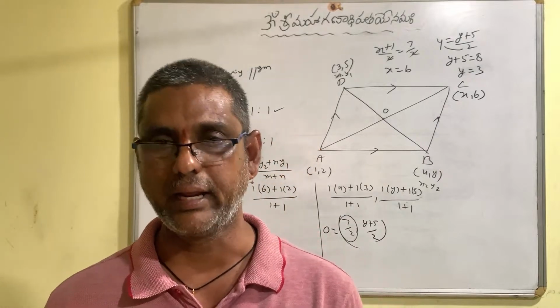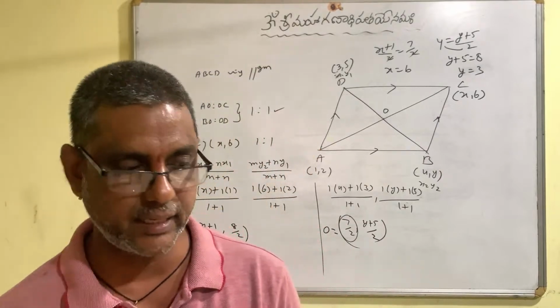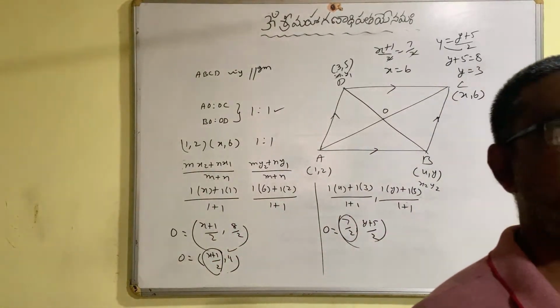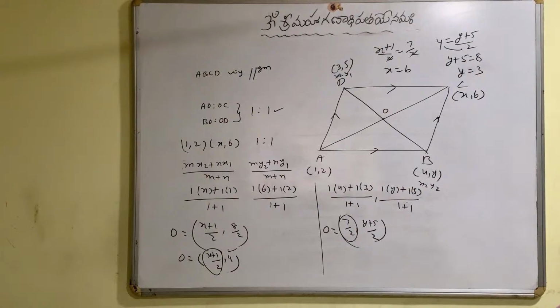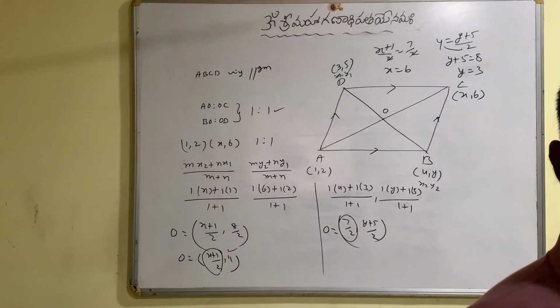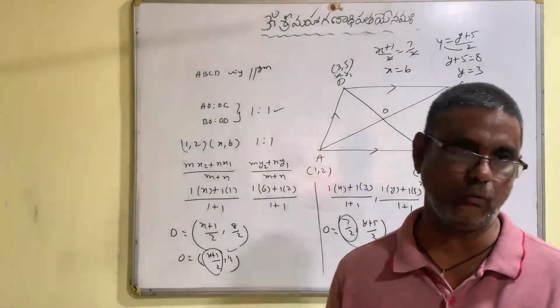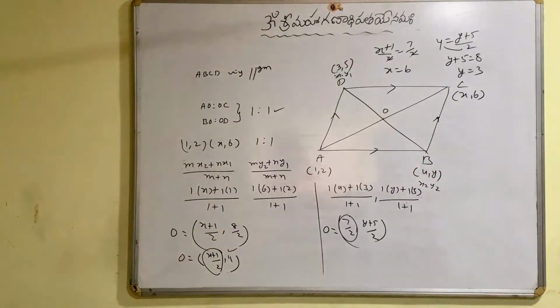I told it clearly. This class and the school class I will take in parallel. I started coordinate geometry and completed the first exercise in the class. The second exercise will be completed by tomorrow. Even tomorrow you will have class from 8 to 8:30.